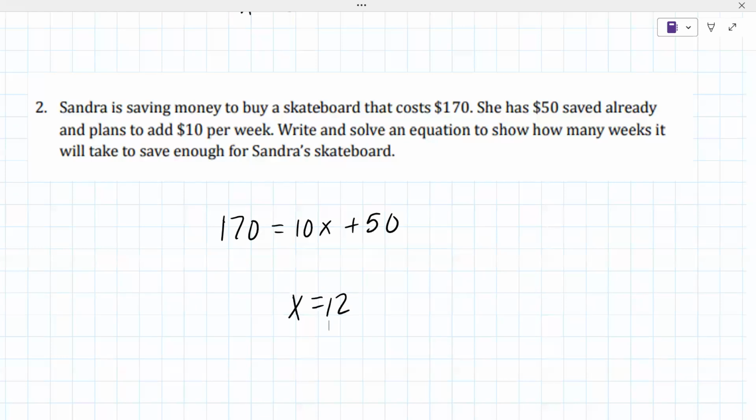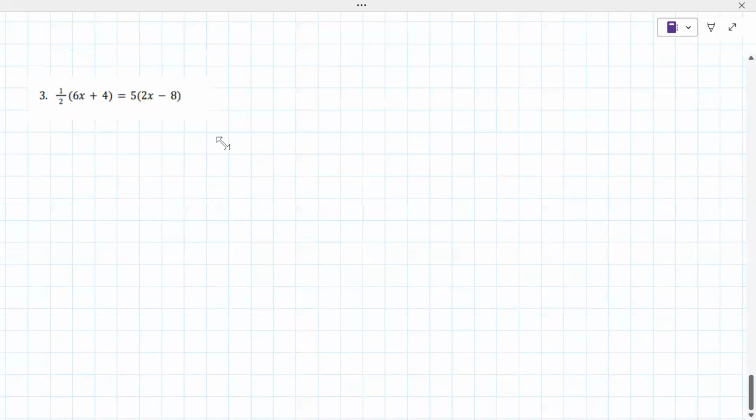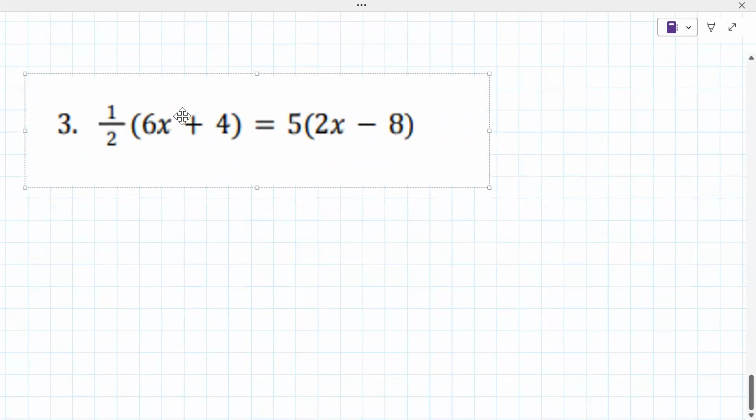Okay, so moving on to some equations that we're solving. I would recommend distributing, especially in the case where it works out, doesn't create more fractions, it actually resolves the fractions. So I would definitely distribute in. Same thing over here.